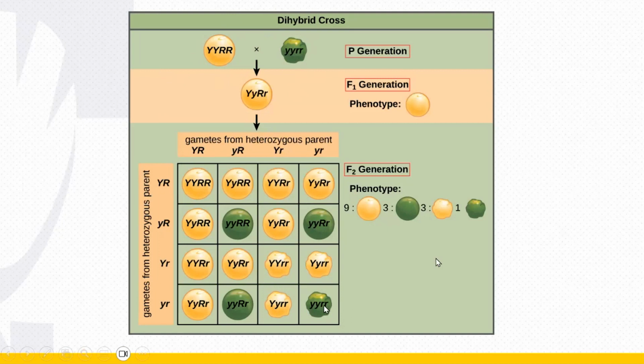So this is the independent assortment, meaning that each one of these alleles, this big Y, interacts with each one of the Ys along this with this other parent. So this is really like the potential for these different combinations to occur.